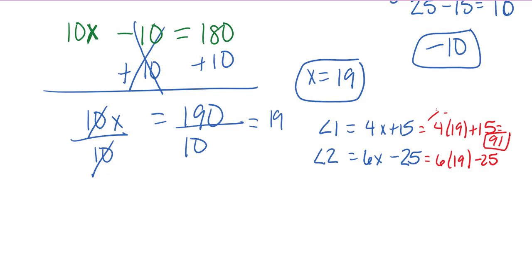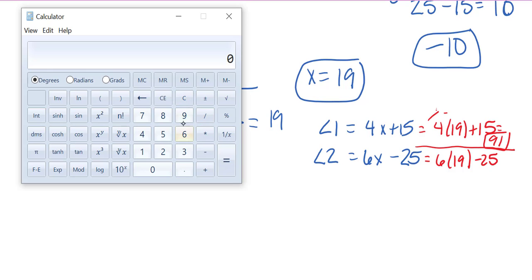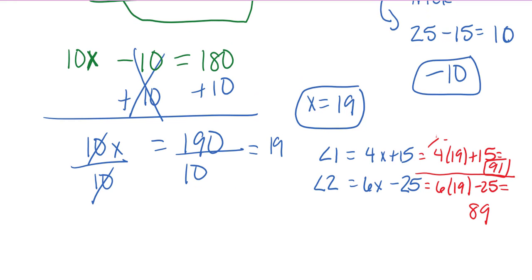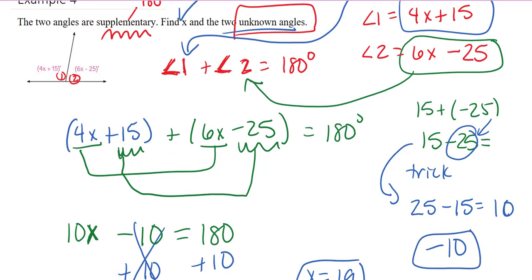Now let's do the second one. We have 6 times 19 minus 25, and we get 89. So the first angle is 91 degrees, and this angle is 89 degrees, and when you add those up, we get 180 degrees.